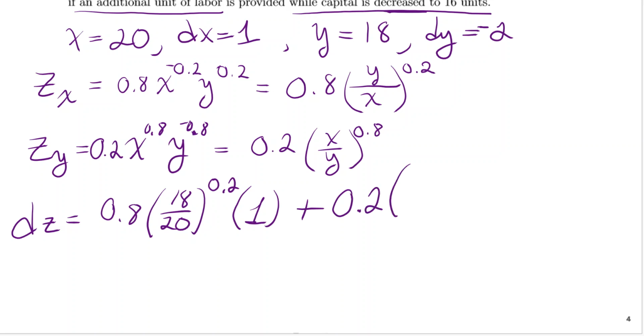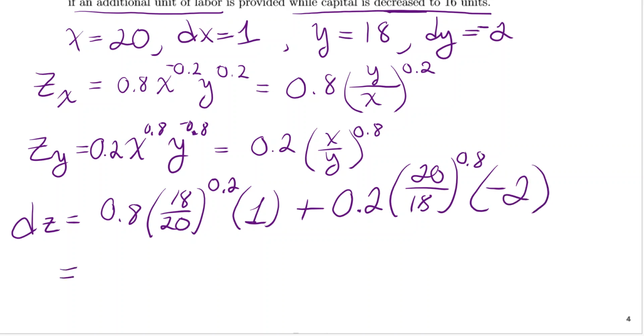So I've got x over y, which is 20 over 18, so notice it's the flip side, to the 0.8 power, times my differential with respect to y, which is negative 2. All right, and then you calculate that, and you get 0.34814164. Aha. So it appears that overall my production still increases by a little bit.